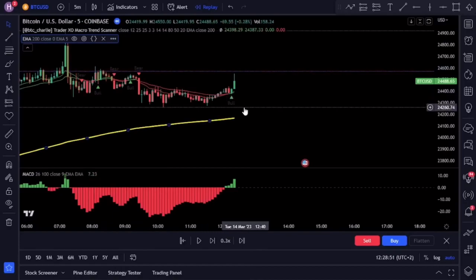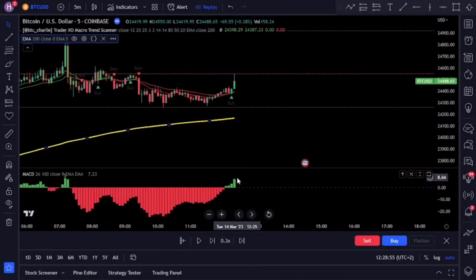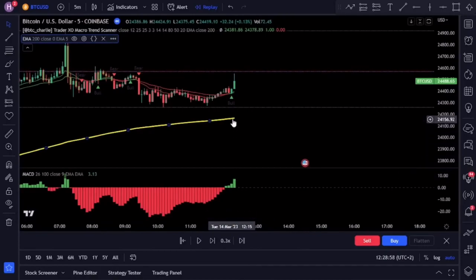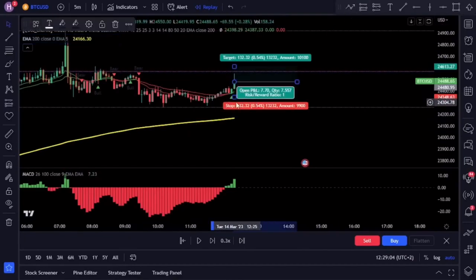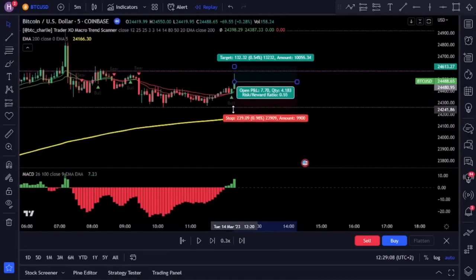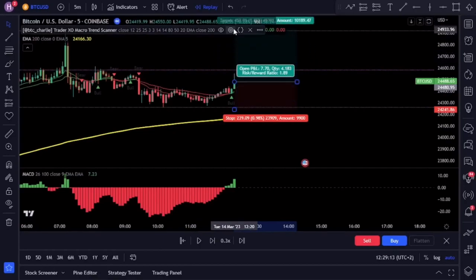Next, the MACD histogram has to be above the zero line. The third condition is that the candlestick should close above the moving average line. You can enter a buy trade by placing your stop loss below the recent swing low and aim for a 1 to 2 risk to reward, meaning again, you can simply drag your take profit until you have a 1 to 2 risk to reward.